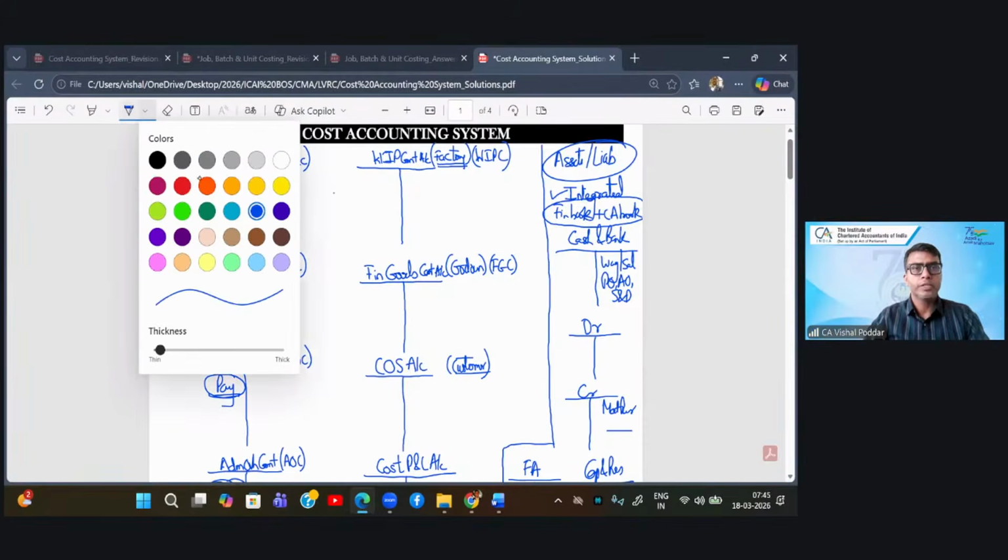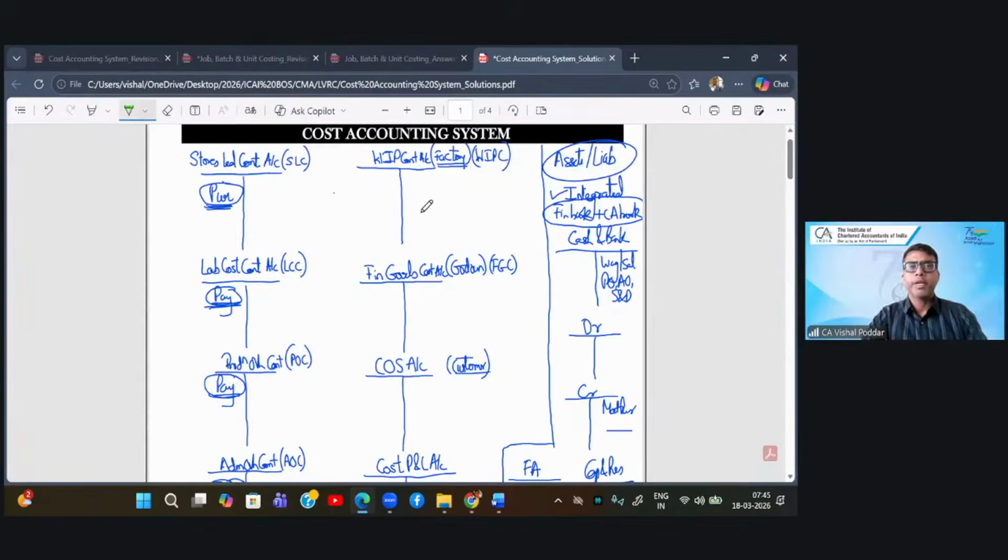Now in charging, what your cost accounting says is that our expenses are classified into two categories, direct and indirect. Now you may have some indirect material here. You may have some indirect wages here. Now, indirect material and indirect wages cannot be charged to the product directly.